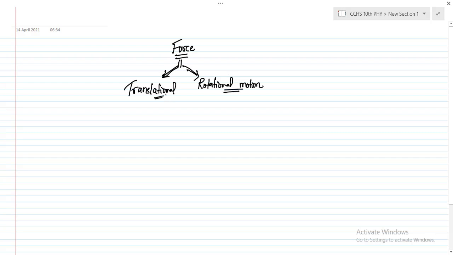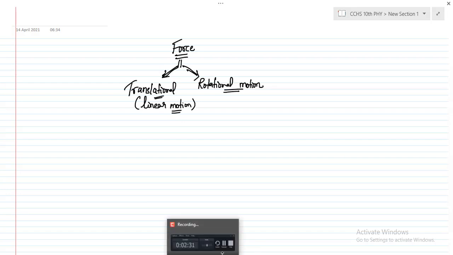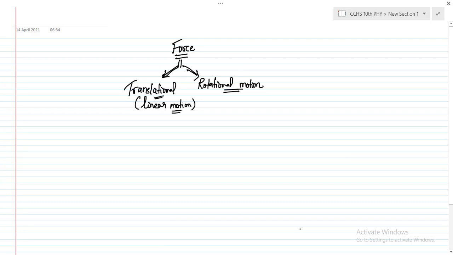Translational motion can also be said as linear motion, so let us understand what is translational motion.